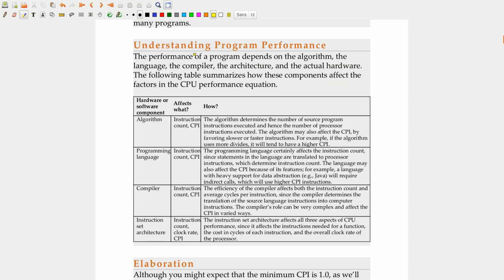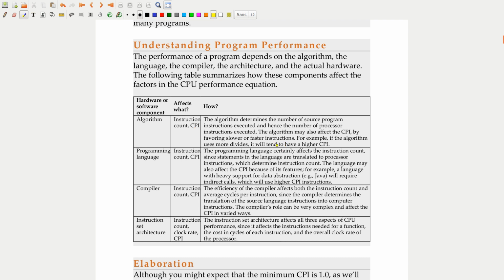Okay, so understanding program performance. The algorithm is going to affect instruction count and clock cycles per instruction. If we write a very bad algorithm, oftentimes we're going to be doing a lot of unnecessary steps, so we're going to be adding a lot of instructions. And how does it affect CPI?